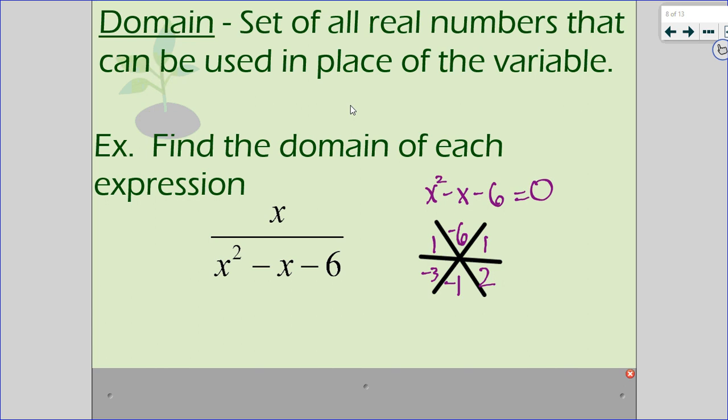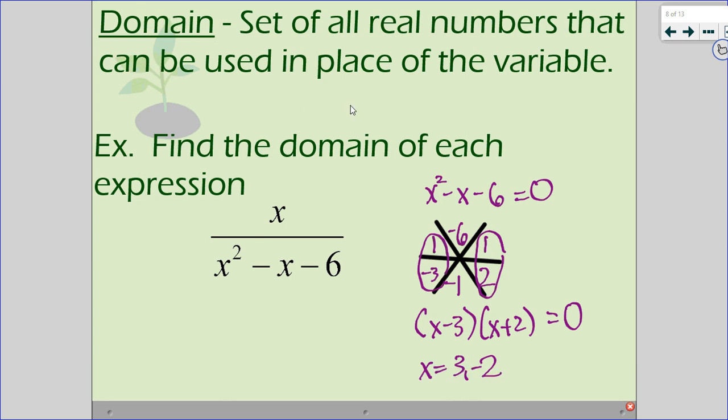So we have what will help us factor. So we get x minus 3 times x plus 2 equals 0. So what are my solutions? Henry? 3 and -2.